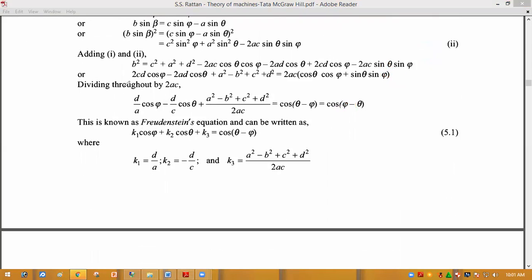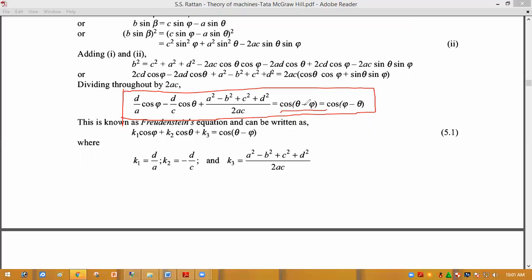By solving this equation, we will get this final equation: d by a cos phi minus d by c cos theta plus (a square minus b square plus c square plus d square) by 2ac equals cos of (theta minus phi), which is the same as cos of (phi minus theta).